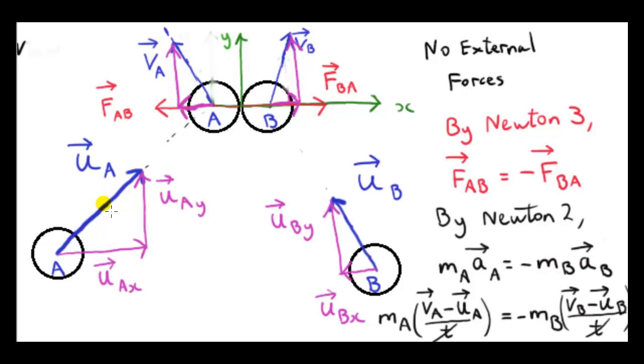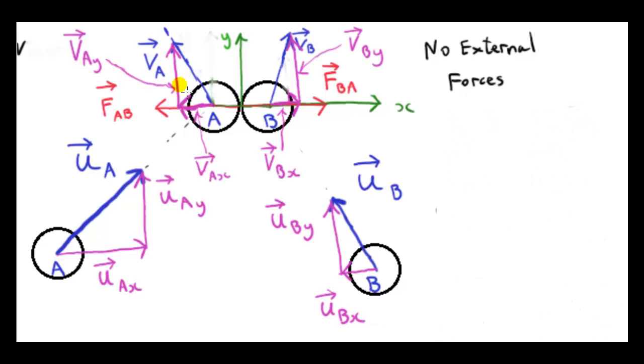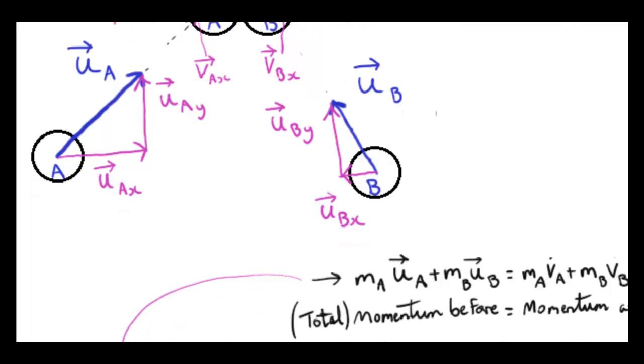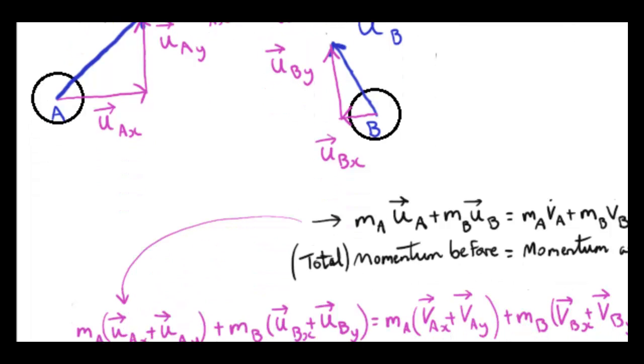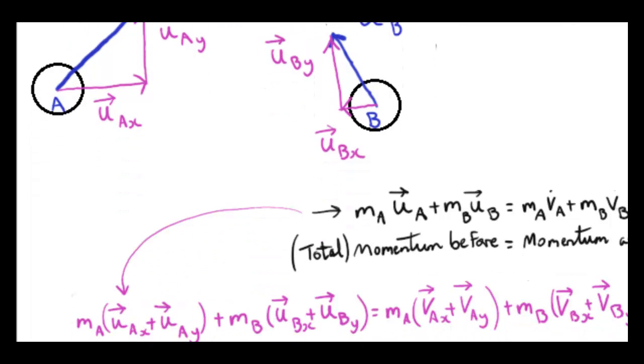Now let's consider the y and x components of the velocity vectors. So I'm going to call the x component of vector UA UAX and the y component UAY. Similarly for the velocity UB and the final velocities VB and VA. Now let's go back to the equation showing the conservation of total momentum.